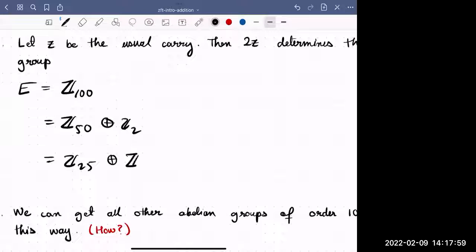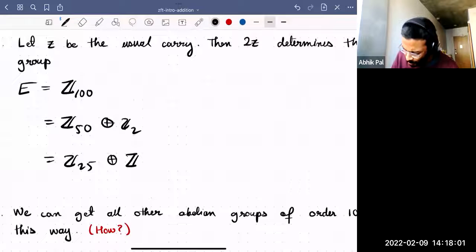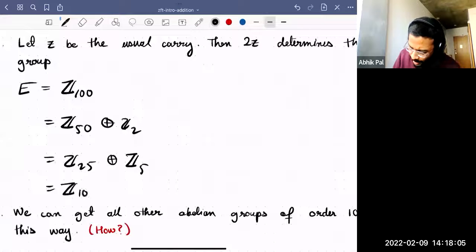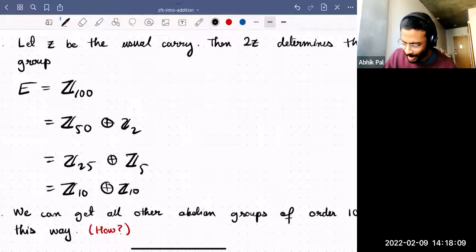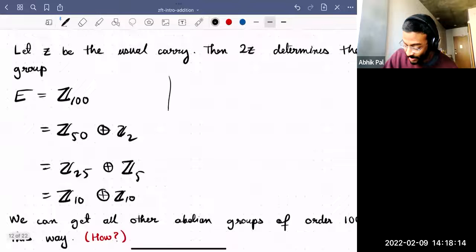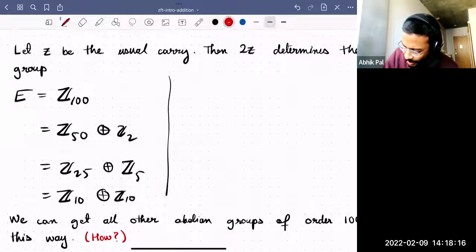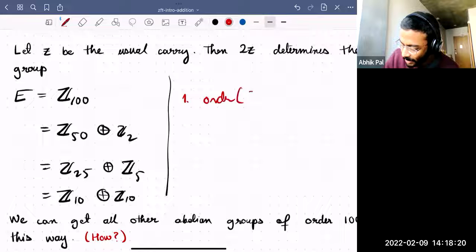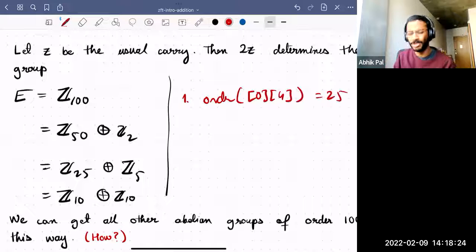I can have Z mod 25 plus Z mod 5, or I can have Z mod 10 plus Z mod 10. So let's see if we can eliminate some of these and really figure out what the group E is. The first observation is that the order of the element (0, 4) is 25.